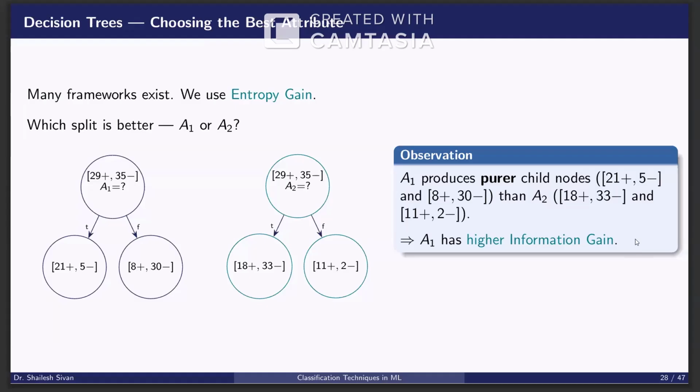We will get 21 positive classes and 5 negative classes on the left, then 8 positive classes and 30 negative classes on the right.